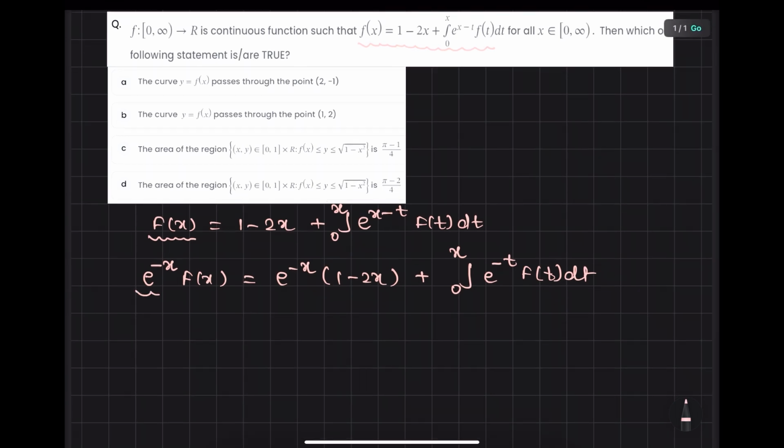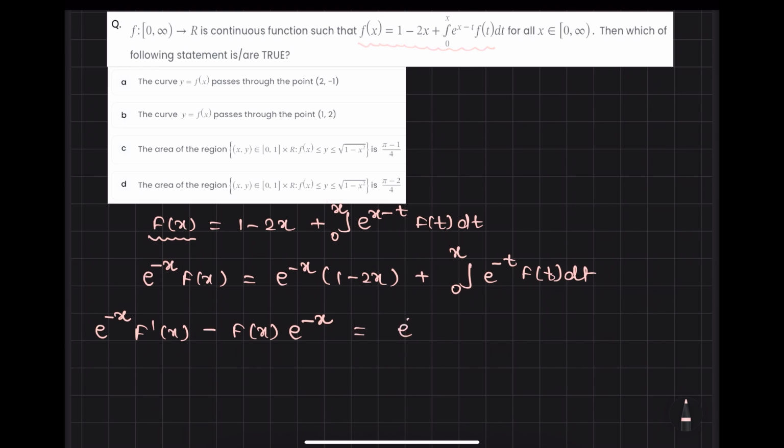Here we will apply the UV rule. The idea is keep one function as it is and differentiate the other function, plus keep the second function as it is and differentiate the first. So e power minus x will be differentiated as e power minus x, with an extra minus. Now here also we will do the same.